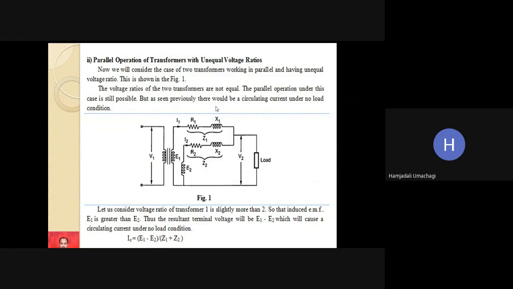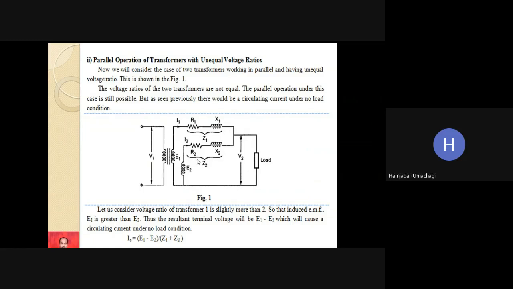But as seen previously, there would be a circulating current under no load condition. In the earlier case, when both the transformers have equal voltage ratio, their circulating current IC is equal to 0. But now, because of the mismatch in voltages, that is E1 not equal to E2, there will be some circulating current IC during no load condition in this loop.